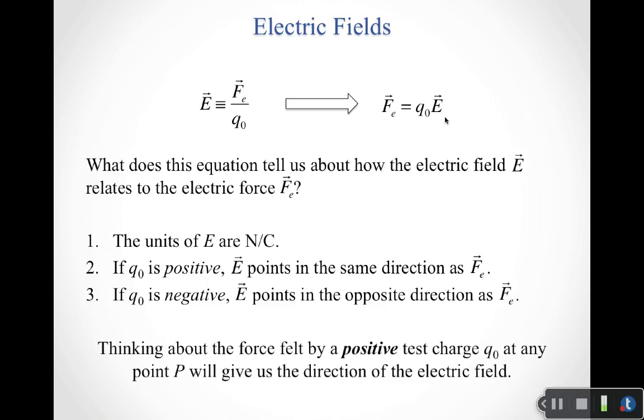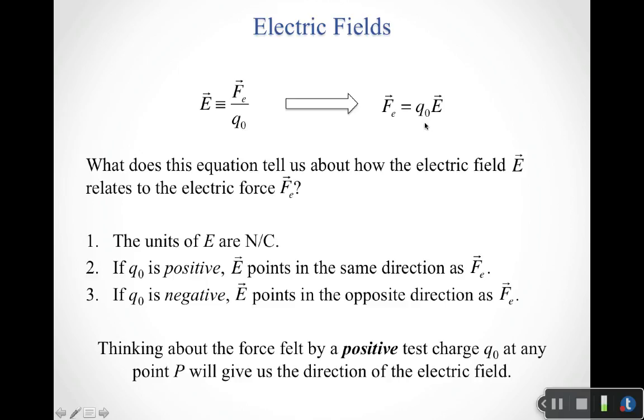To take advantage of that, we've got experience thinking about how charges feel electric forces. We practiced putting a charge in space with other charges around and asking, is it going to be attracted to them? Is it going to be repelled by them? That's thinking about the forces. So we're basically going to always choose to place a positive test charge at the point P where you're interested in the electric field.